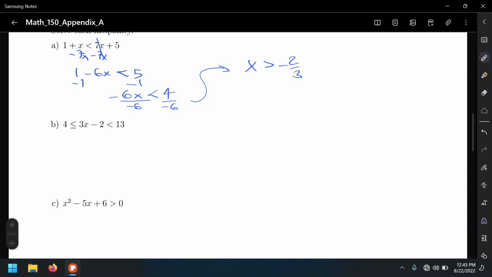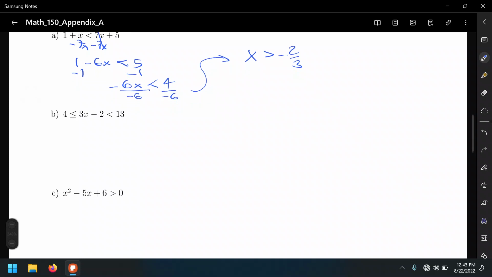That's something we will use when we look at the translations of functions. So, whenever we have something like this, we have 3x plus 2 bounded between 4 inclusive and 13 exclusive, and in this case we include the lower endpoint, but we don't include the upper endpoint.